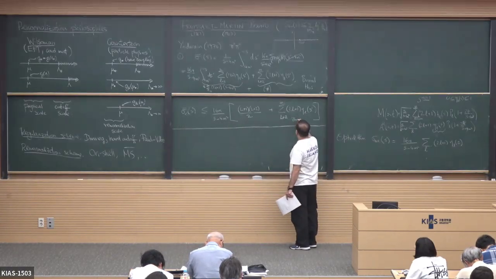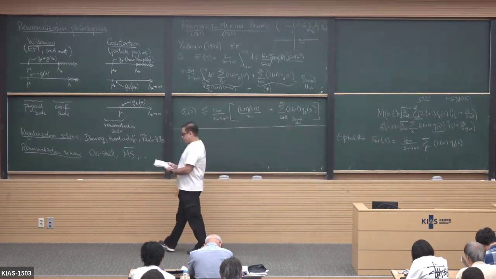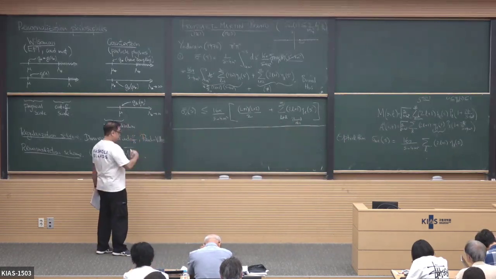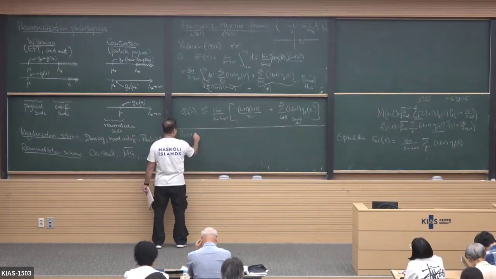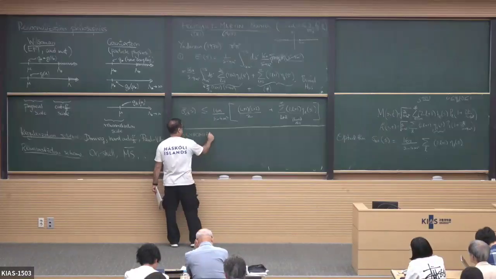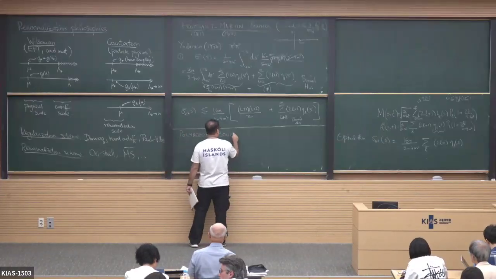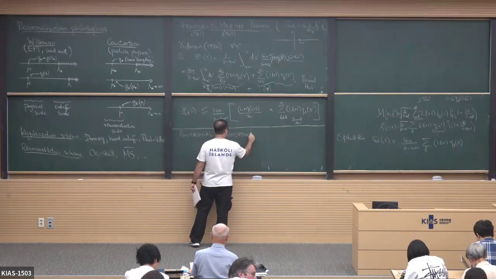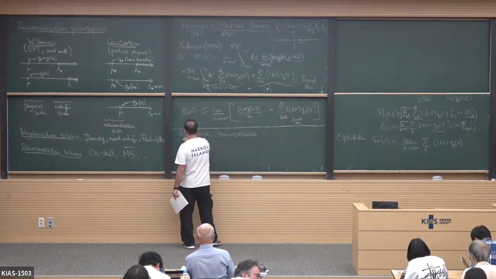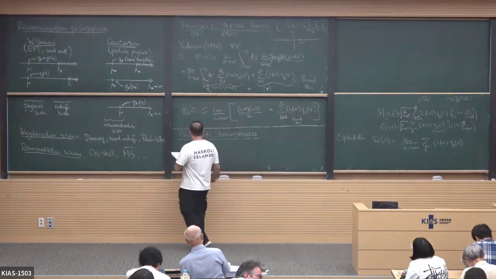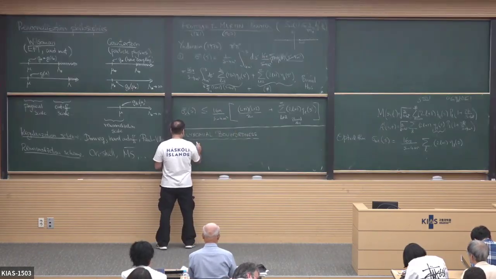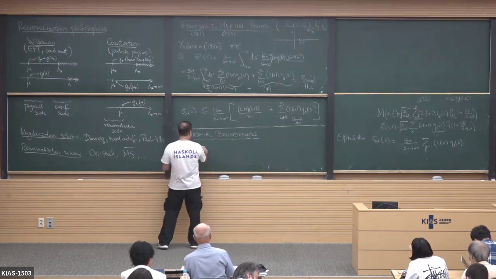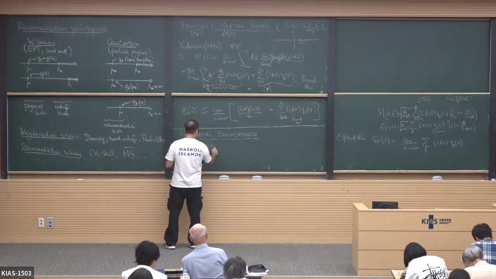So the target now is to bound this. So this is where a new notion comes in, which goes by the name of polynomial boundedness. And what this is telling us is that the amplitude is bounded for any t in the following way that enables us to consider this integral.